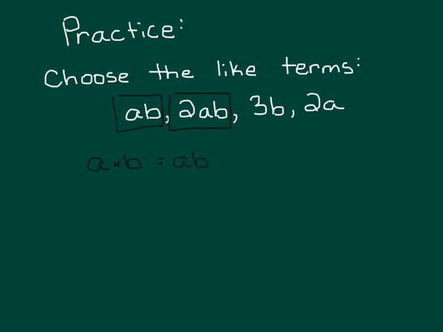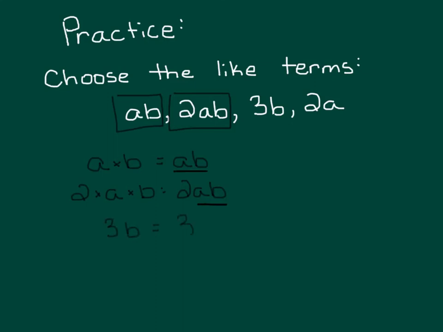In the next term, we have 2 times A times B, and that's what's giving us the 2AB. So here we have two variables, AB, and in the second term we have two variables as well. That's 2AB. Now our next term is 3B.